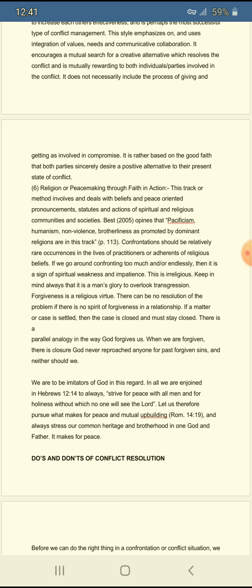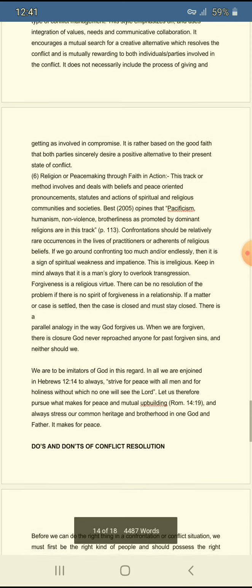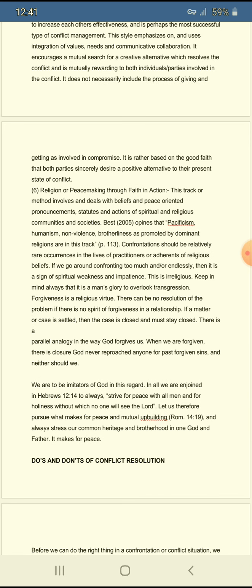It was blown over the news that the Pope actually prostrated for the president of northern Sudan, pleading that peace should reign in Sudan. This is an example of religion or peacemaking through faith in action, trying to seek the rationale of the people involved through the word of God.